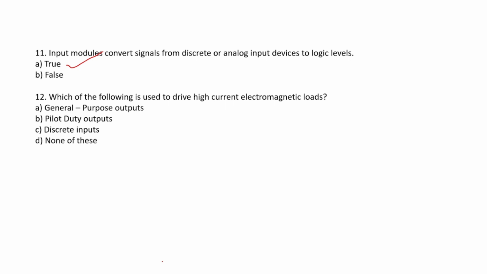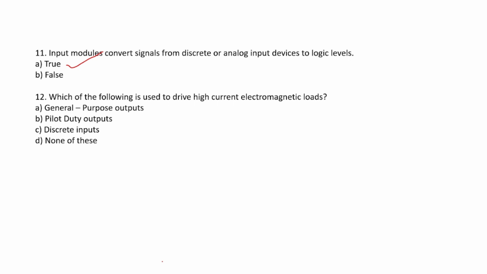These loads are highly inductive and exhibit large inrush current, so pilot duty outputs should be capable of withstanding a current of 10 times the rated load for a short period of time.